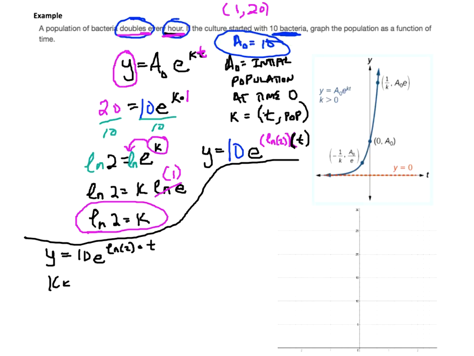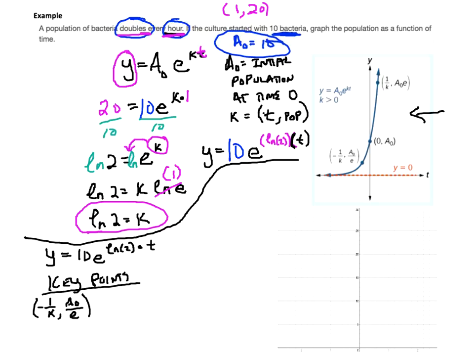And I have key points, which are given to me on this graph in its general form here. So I have the key point -1 over k and a sub 0 over e.